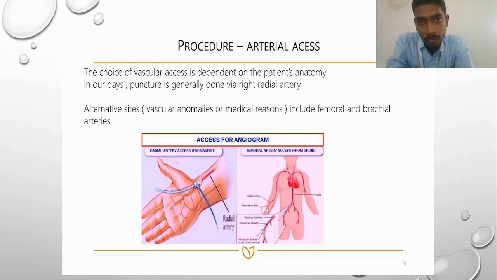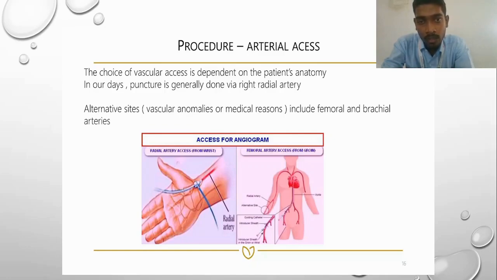And if we have to go through an interposition, the internal position of the heart, if a patient has a VSD or ASD, we can approach the patient by vein access, radial vein or femoral vein access. But here, we must go through arterial access.